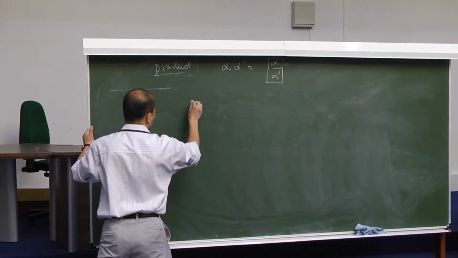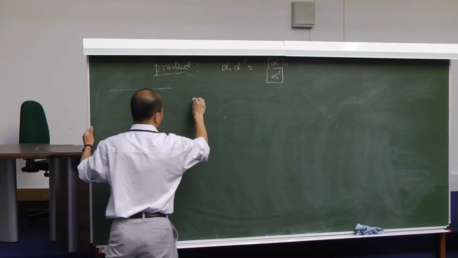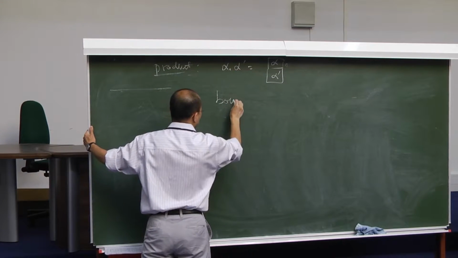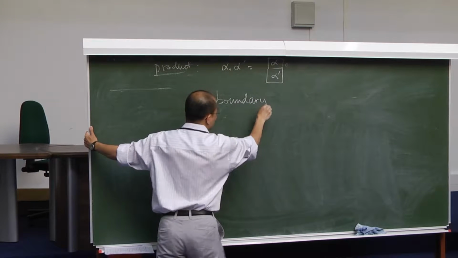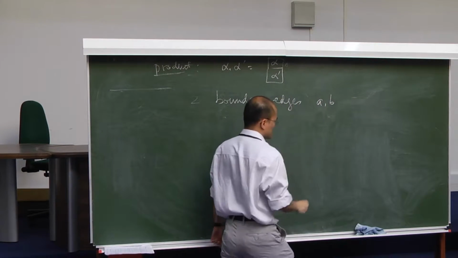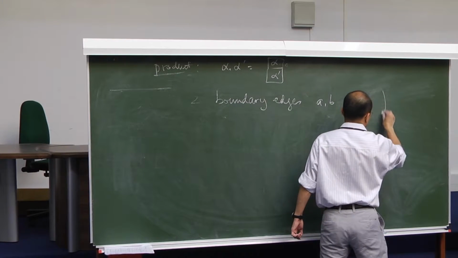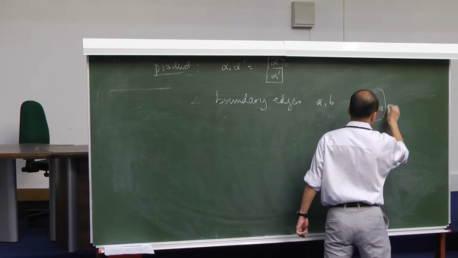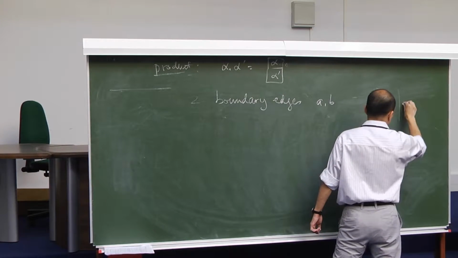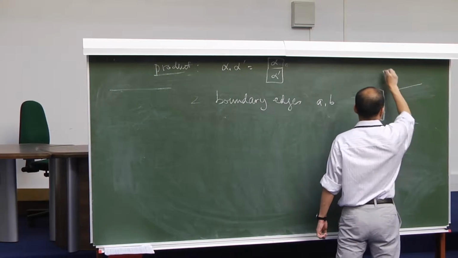So if I have here two edges, so two boundary edges, A and B. So if I have a 1, this is A, maybe I draw a straight line like this here, and this is B in sigma.